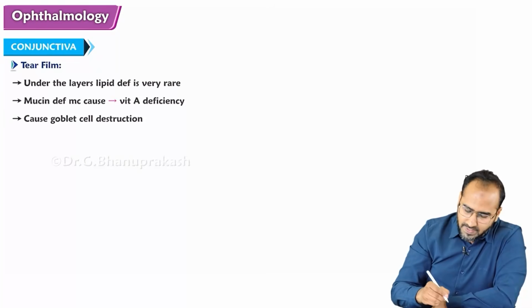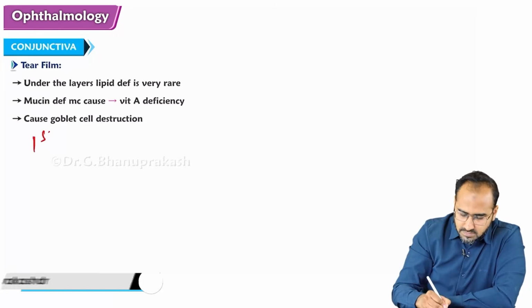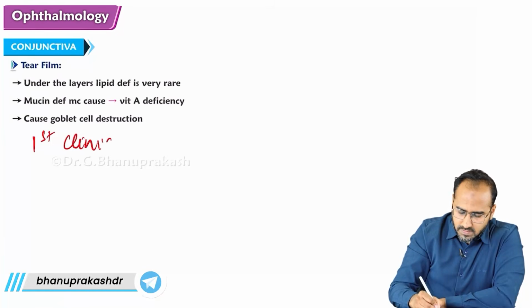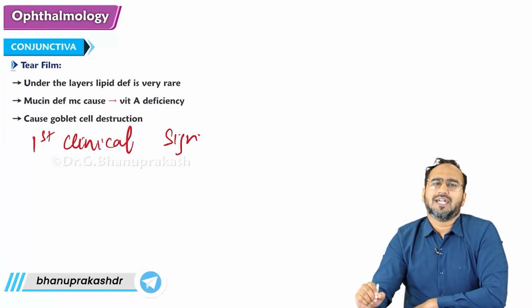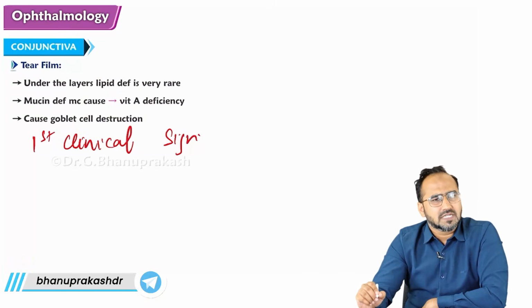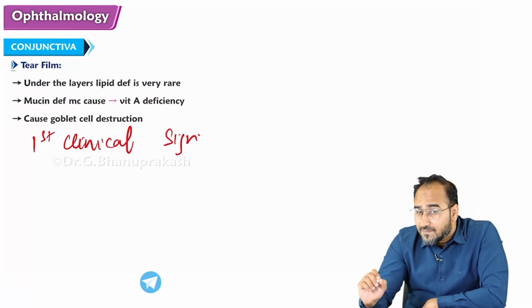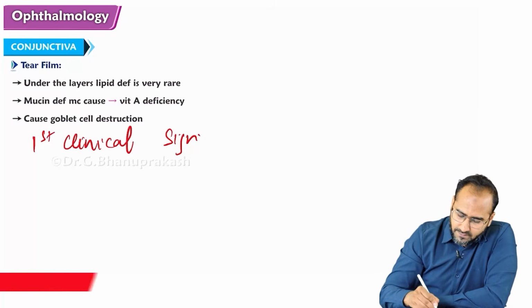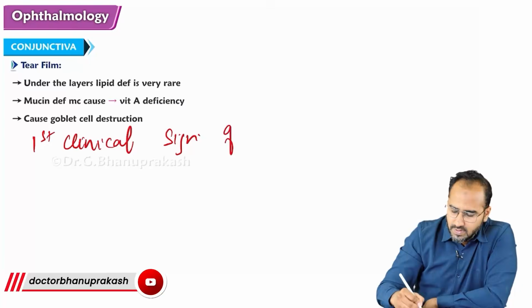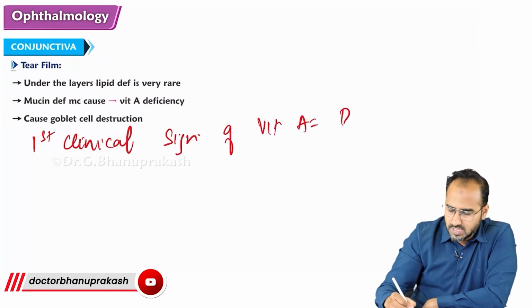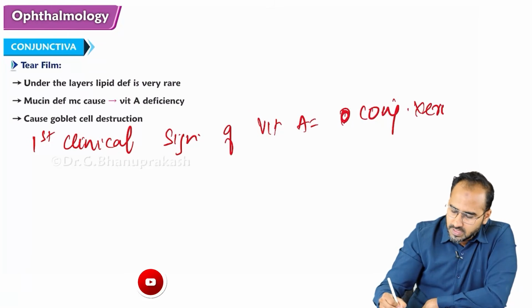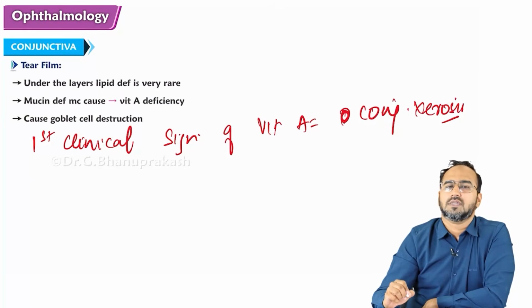So guys, remember under the layer deficiency, lipid, aqueous and mucin, we have discussed. Okay? The first clinical sign of vitamin A deficiency is conjunctival xerosis, right?